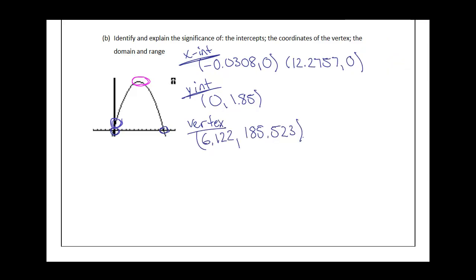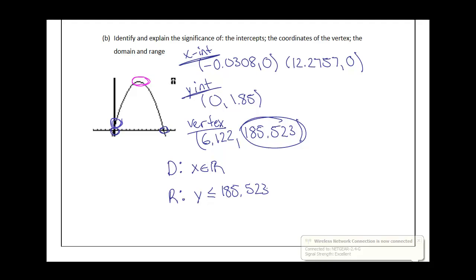Well, lastly, our domain and our range, we can calculate that without using the calculator because the domain for quadratic functions is always going to be all real numbers, and the range depends on the vertex. And since we have a maximum point, we want our y values to be less than or equal to our height here of 185.523.